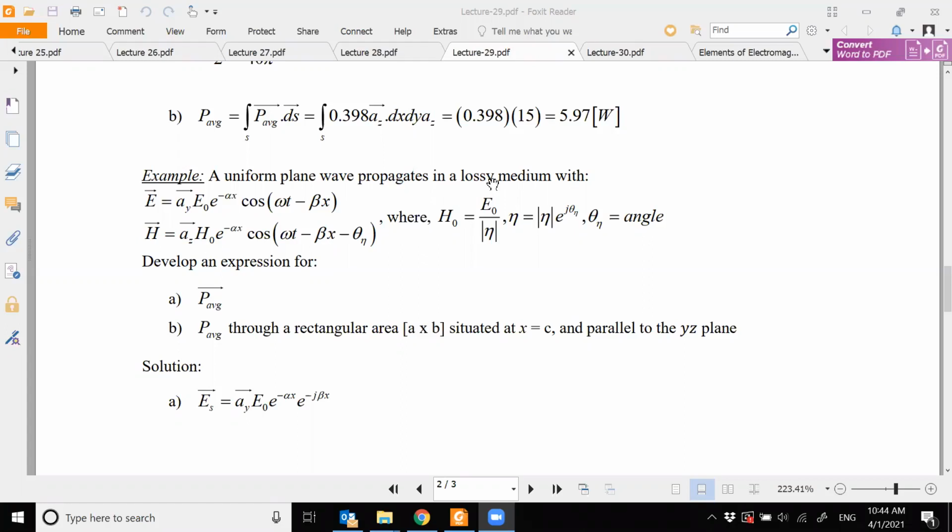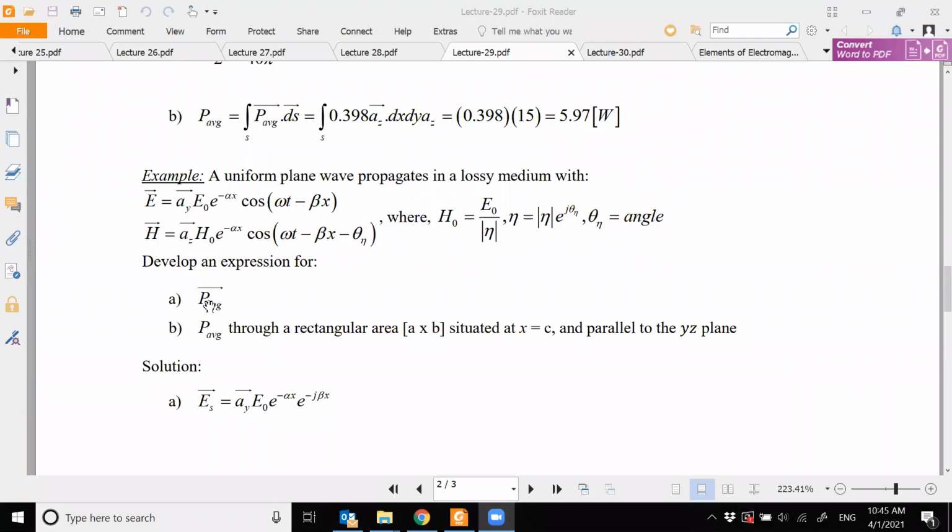Because it is a lossy medium, you see here I have this angle. This is the angle coming from the complex intrinsic impedance. We know H naught and E naught are related by the magnitude of eta, where theta_n is the intrinsic impedance angle. That's why you have this theta_n, and H naught is here. So this is for the lossy media.